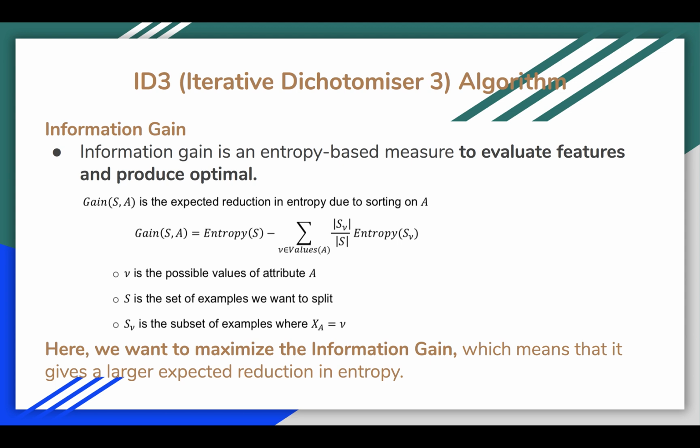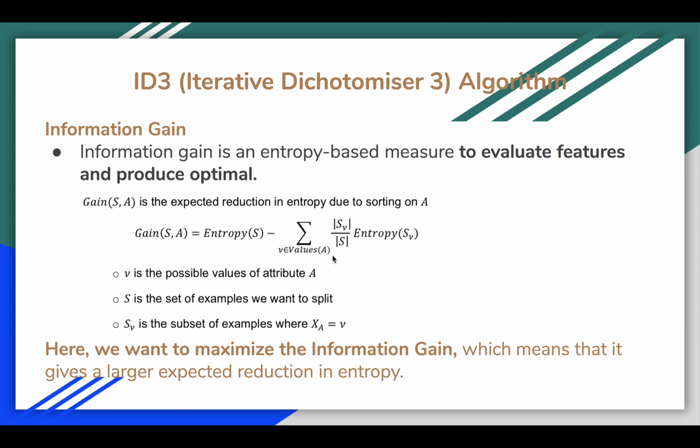The information gain is an entropy-based measure to evaluate features and produce optimal splits. So this is the formula for information gain. We can see that information gain is equal to entropy of S minus the sum over the values v that are elements of the set A. So A is the attribute. That means every value in the attribute should be calculated.